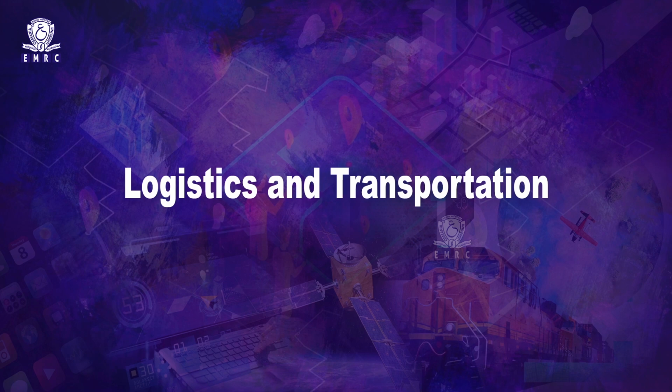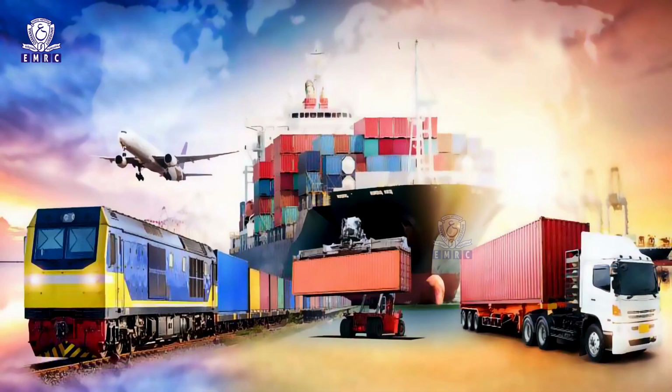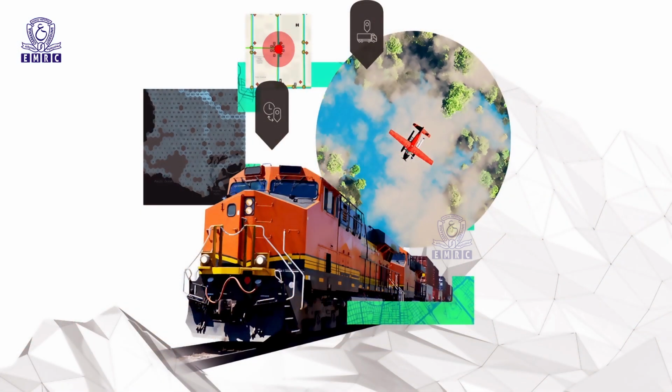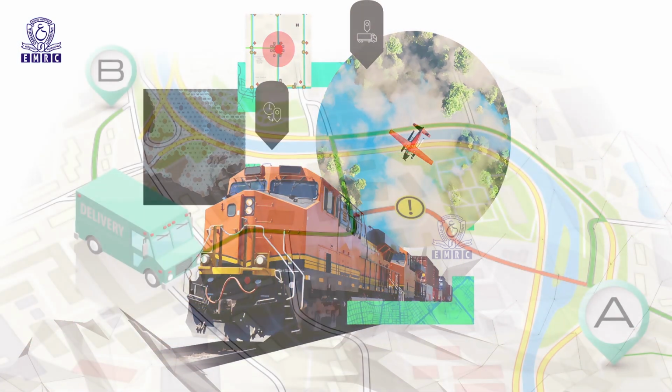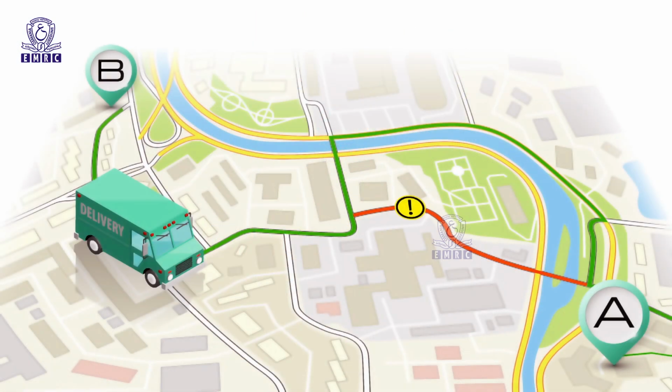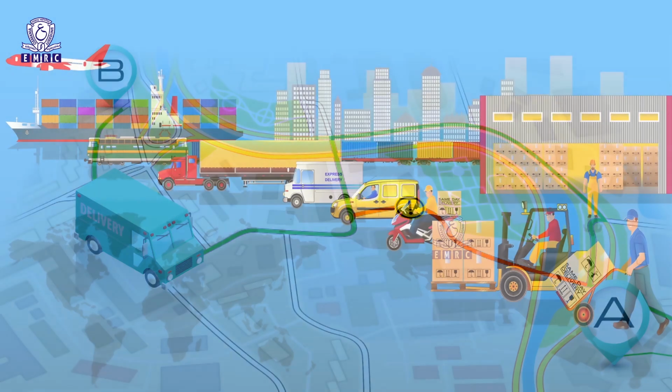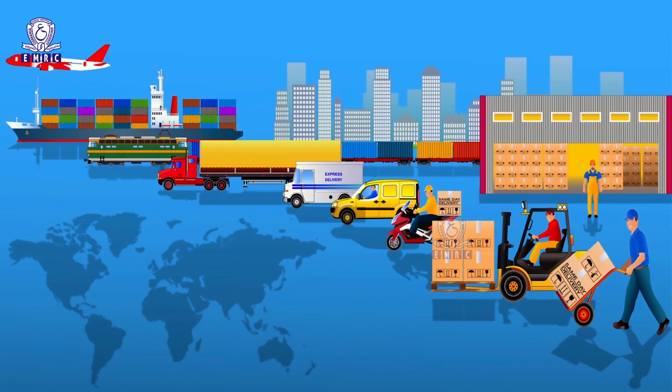Logistics and transportation. Knowing where things are is of enormous importance for the field of logistics and transportation, which deal with the movement of goods and people from one place to another, and the infrastructure, that is highways, railroads, and canals, that moves them.